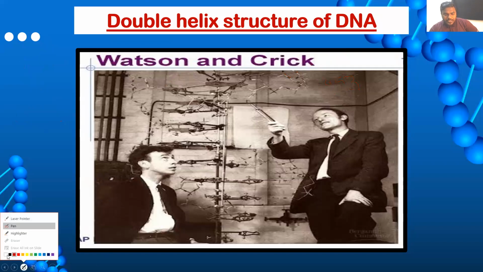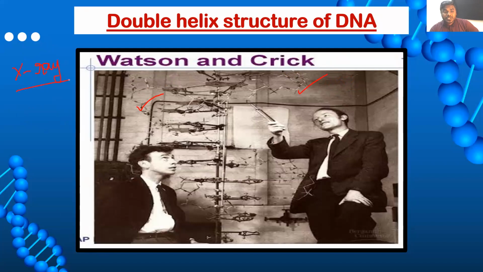Later, the students of Pauling, Watson and Crick, proposed a double helical structure with the help of X-ray crystallographic images taken majorly by Rosalind Franklin and Wilkins, who later shared the Nobel Prize along with Watson and Crick.